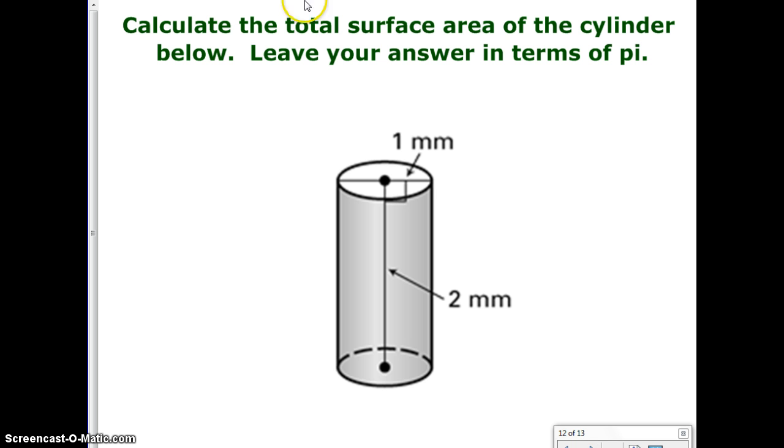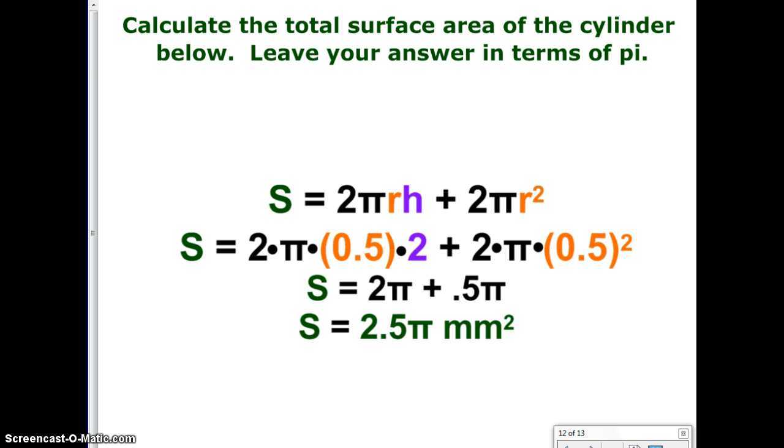This question asks us to find the total surface area and leave it in terms of pi. Please pause your video, work your problem, and come back and check. For our total surface area, we've got 2 pi. The radius for this problem is a half.